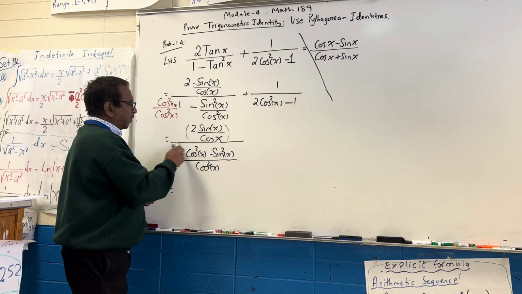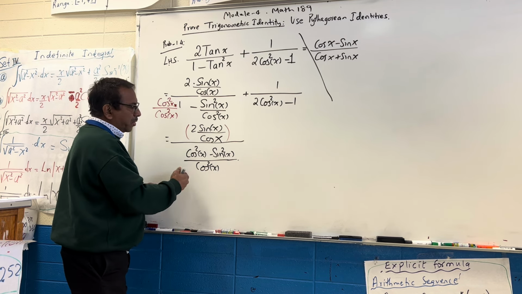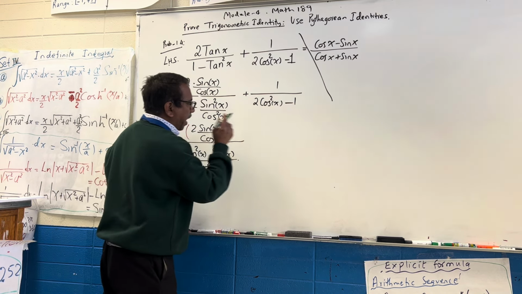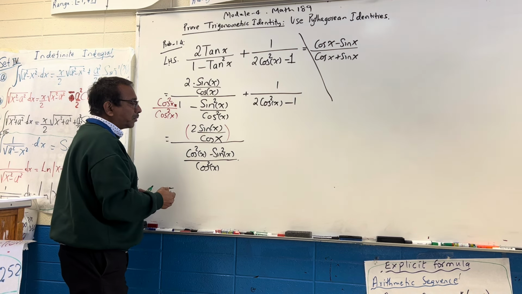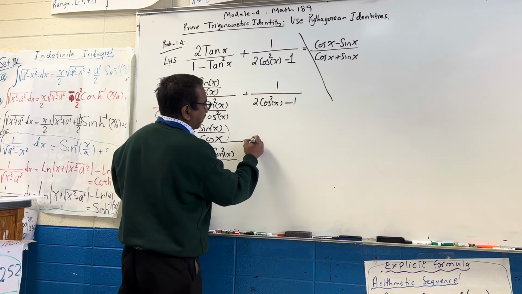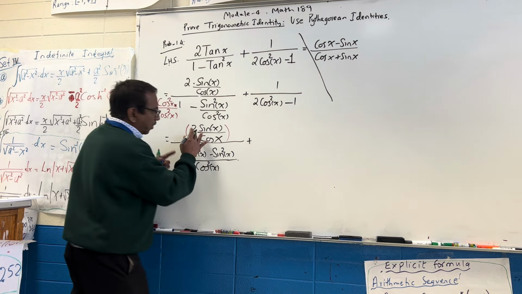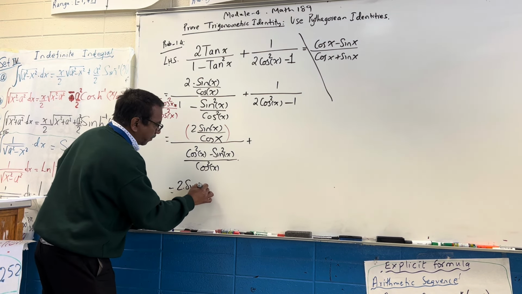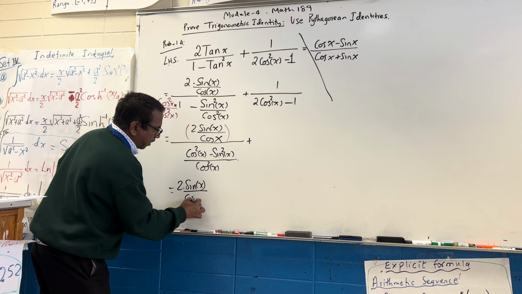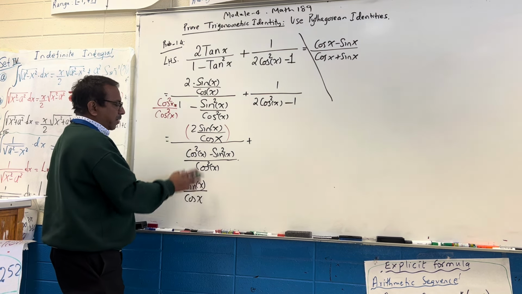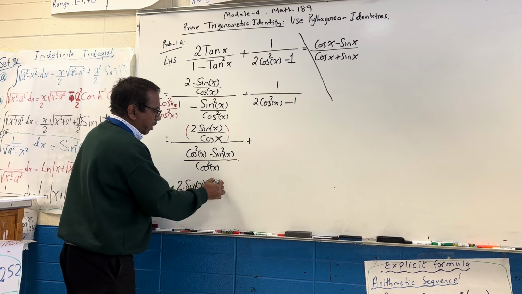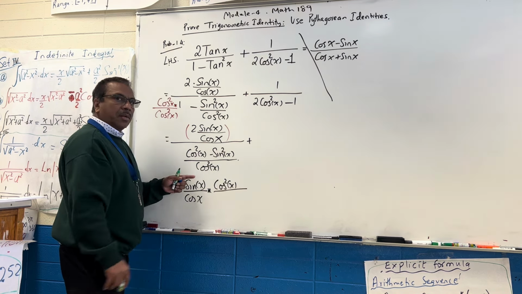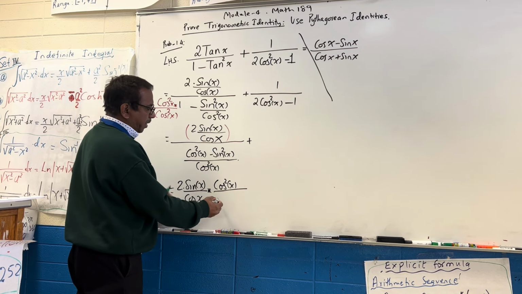At this time this will be 2 sine of x divided by cosine x. So I keep the numerator exactly the same and flip the denominator. So the cosine square will be in the numerator, and this will be down.